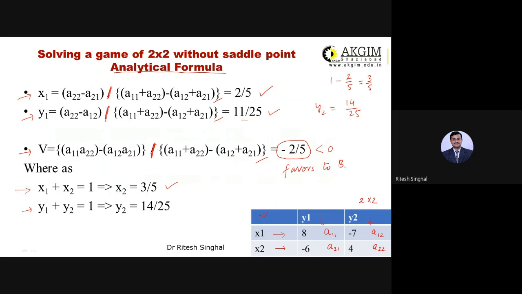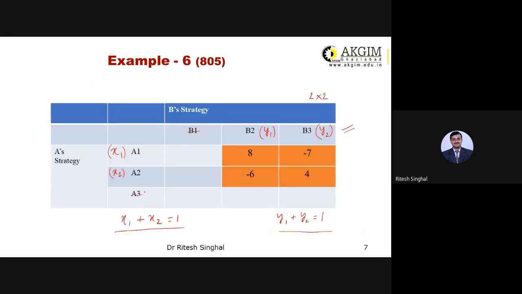So now what is my final result? Because I need to collect all the results in one sheet. So how to write the results? We can see here: since these two strategies are removed, the probability of using these two strategies is obviously 0.